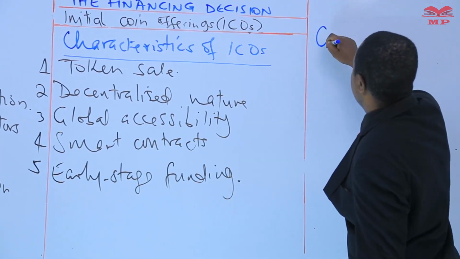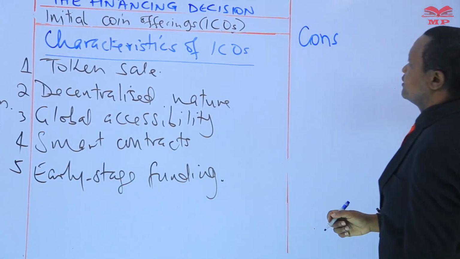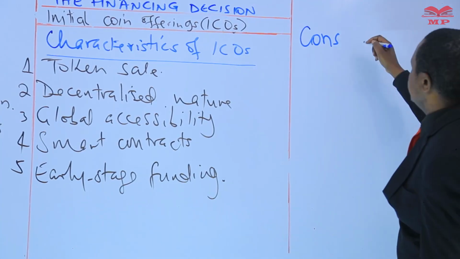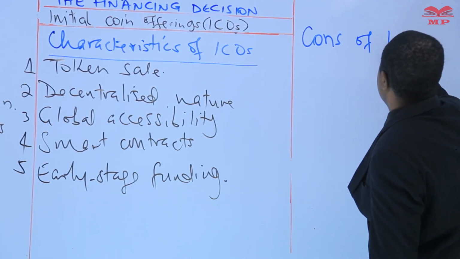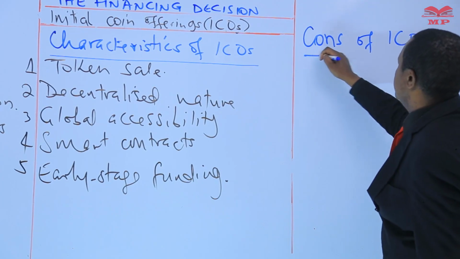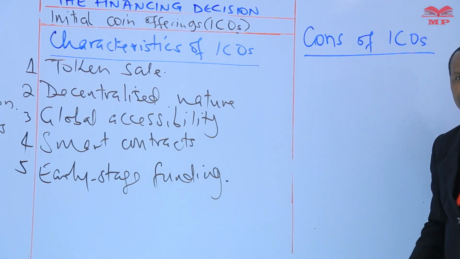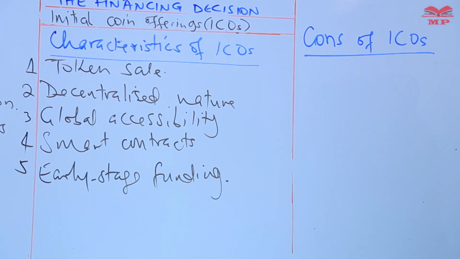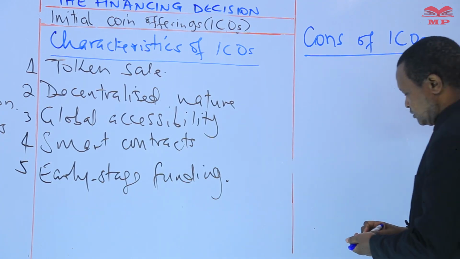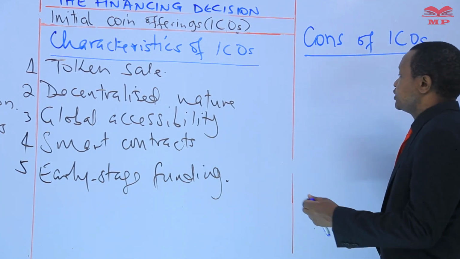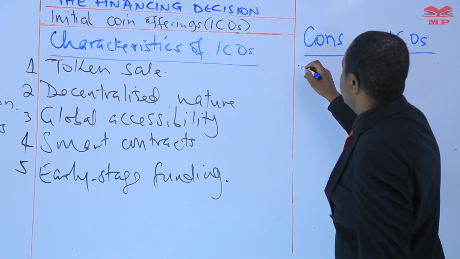The cons, what are the cons? The downside of ICOs. Disadvantages, drawbacks. 1, regulatory uncertainty.